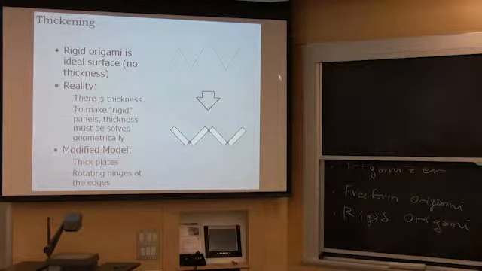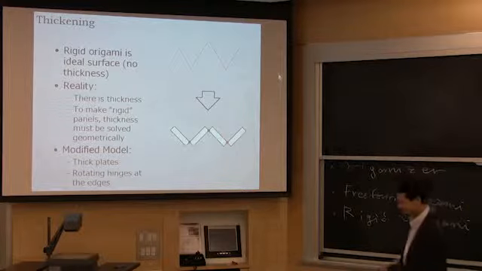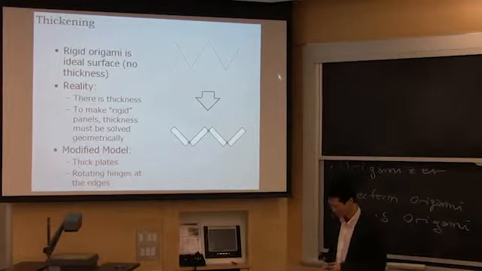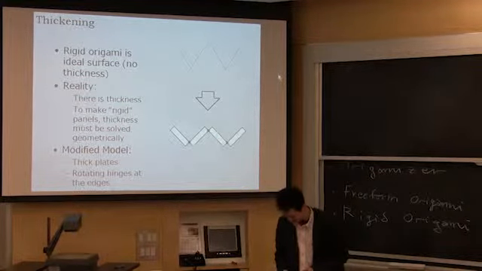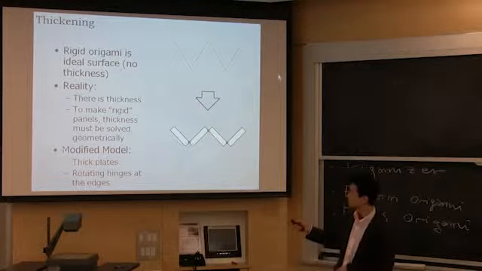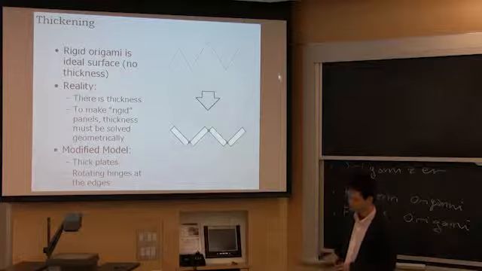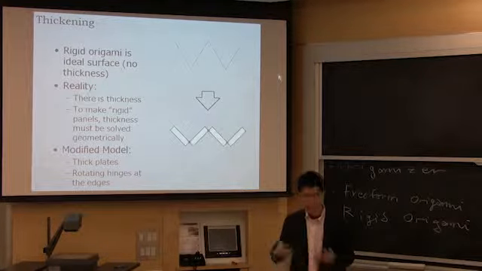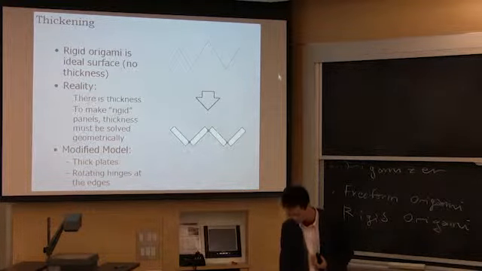There is no ideal origami. Well, probably Origami Do can produce it, but anyway. So we want some thickness, thick panels and rotating hinges to produce rigid origami.